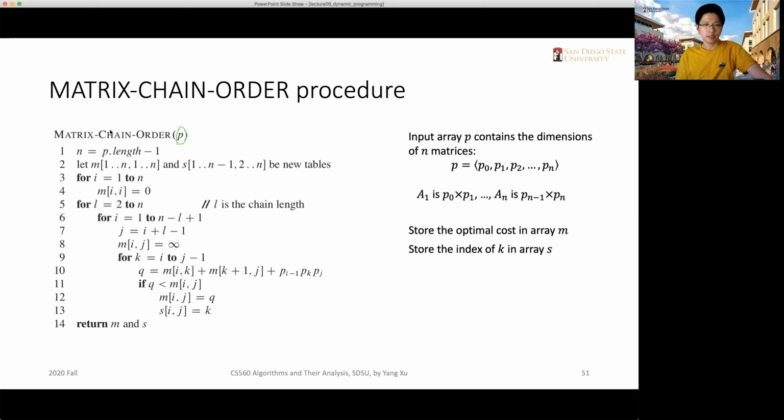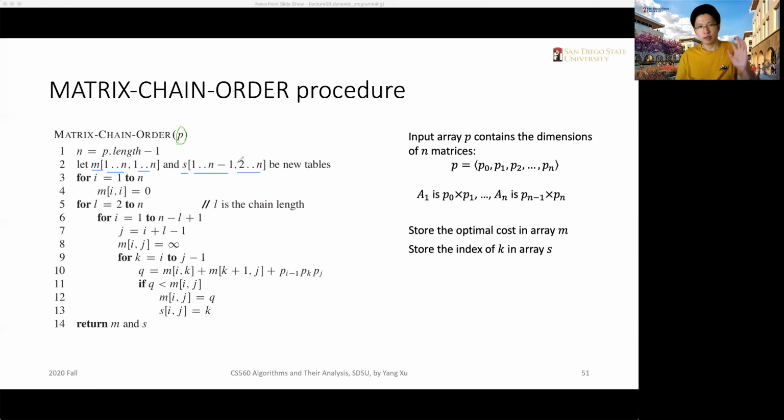It will initialize two matrices, which is M and S, okay? So M has n rows from row 1 to row n, and n columns from column 1 to column n. And the S has one less row and one less column, which is from row 1 to n minus 1 and column 2 to column n.